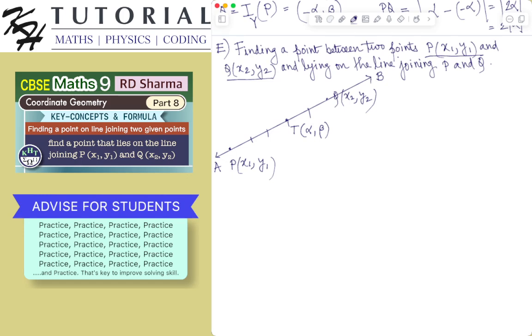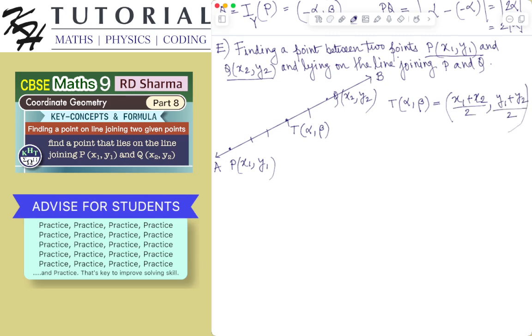So if I consider T to be the midpoint of the line joining the points P and Q, then the coordinates of the point T will be like this. Alpha will be the mean of the abscissas of the points P and Q, that is x1 plus x2 divided by 2, and the ordinate, that is beta, of the point T will be the mean of the ordinates of the points P and Q, that is y1 plus y2 divided by 2.